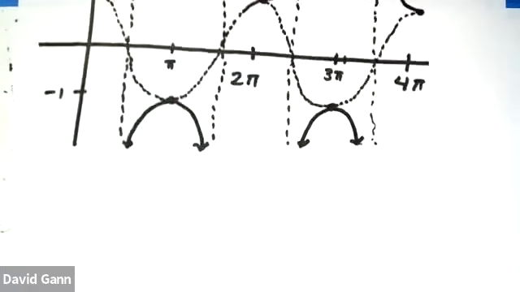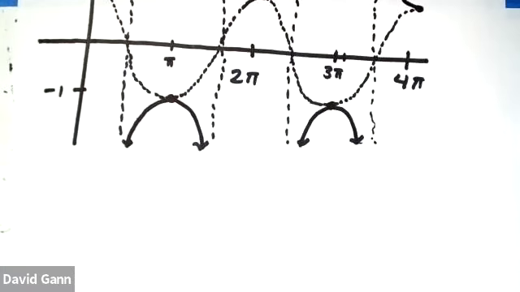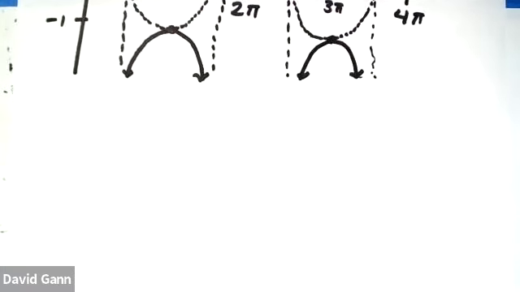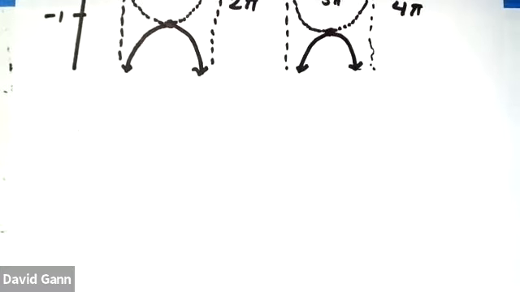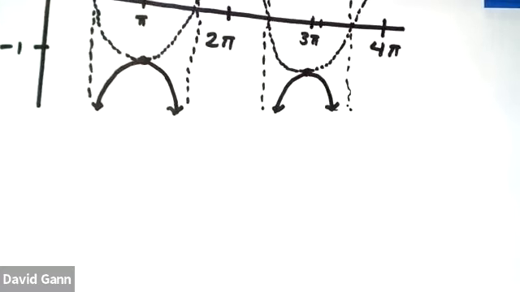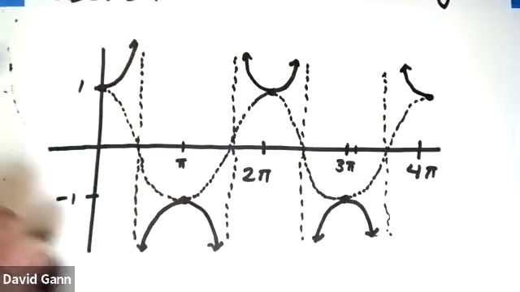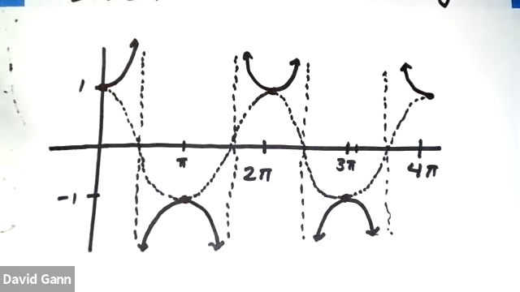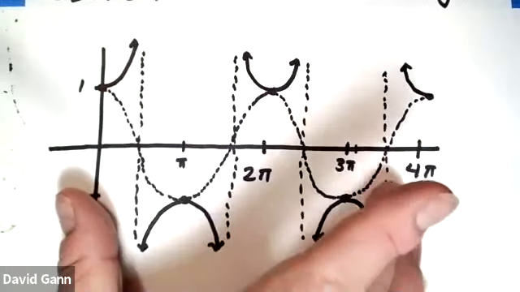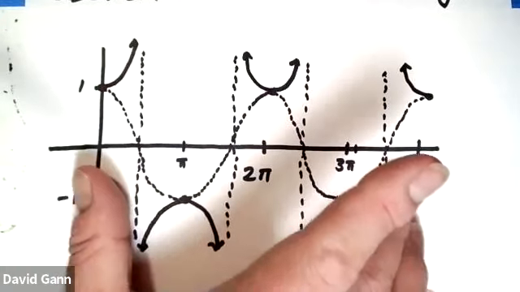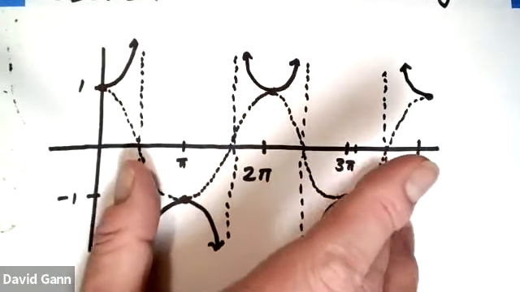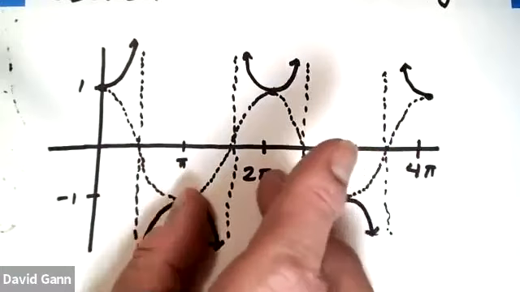So just from inspection, a couple things that I want to point out. The critical features really have to do with translation, vertical and horizontal stretching. If you have horizontal stretching or shrinking, then the spacing between these asymptotes will increase or decrease.